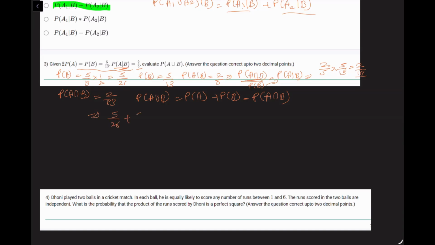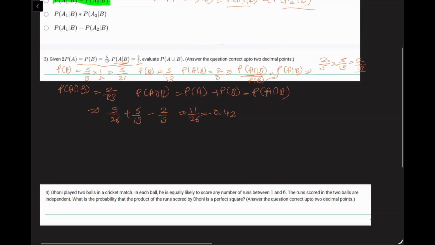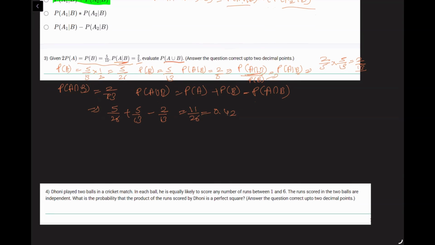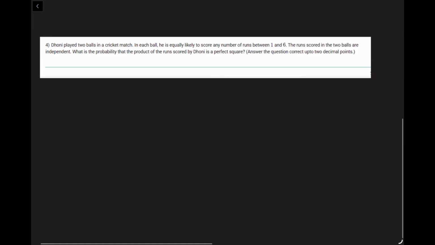We know the probability of B is 5 over 13. And we also know minus 2 over 13 is the intersection. So your final answer is going to be 11 over 26, which is 0.42. This is the probability of A union B. It's very straightforward, just using some equations. That's it.